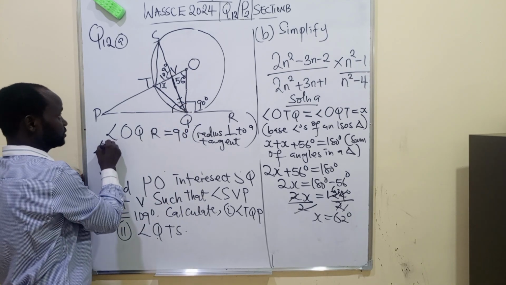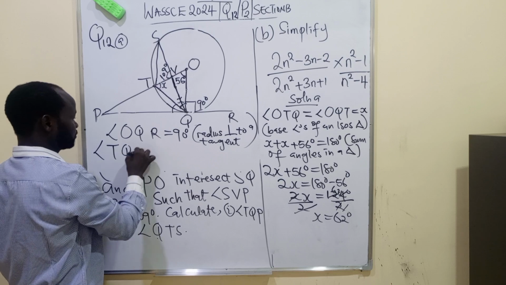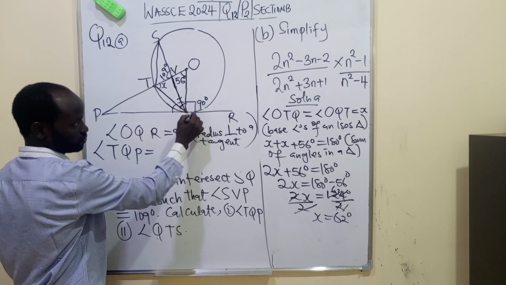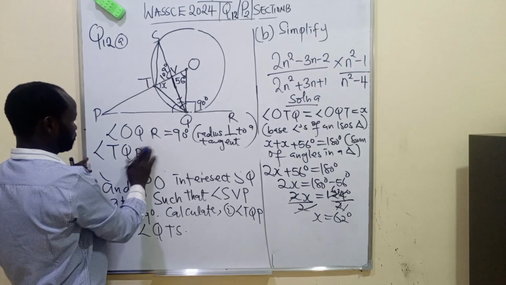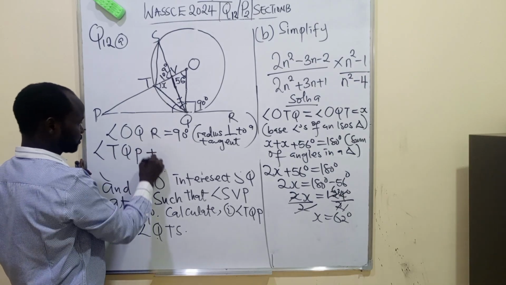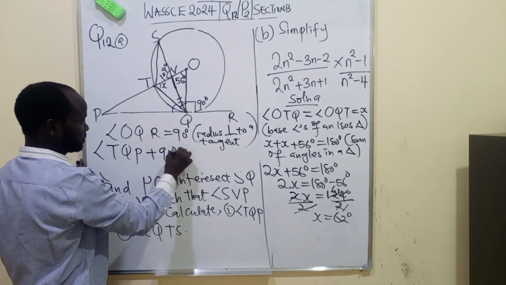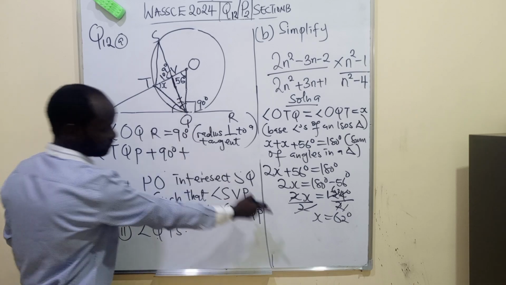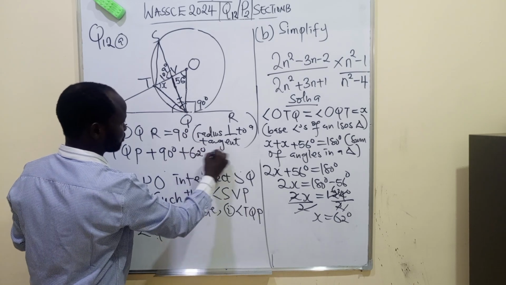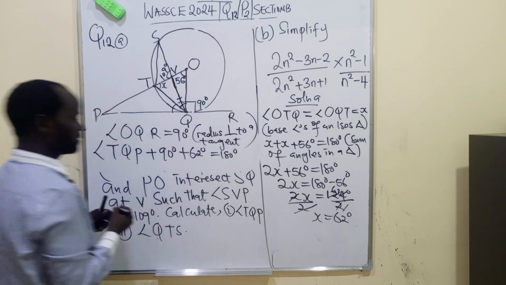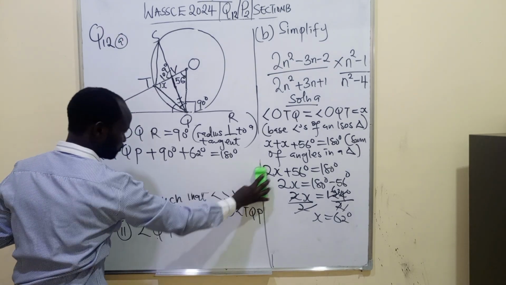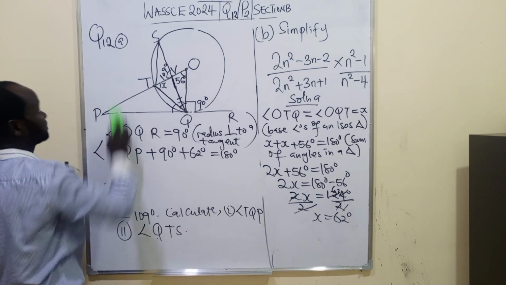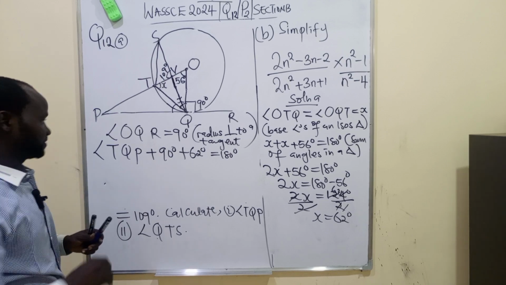So angle TQP plus 90 degrees plus x, which is 62, equals 180 degrees. Reason: sum of angles on a straight line sum up to 180 degrees.